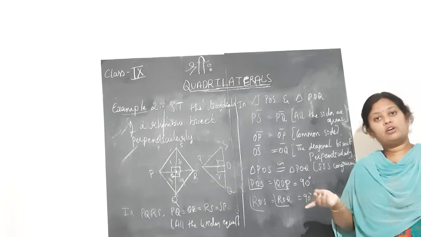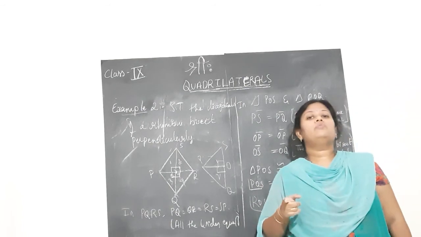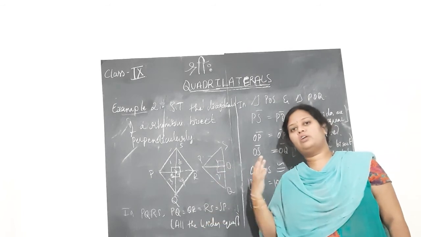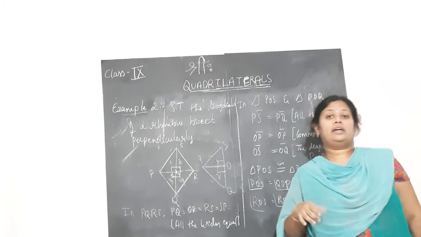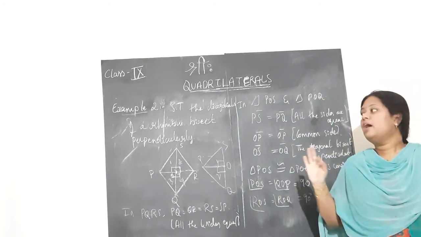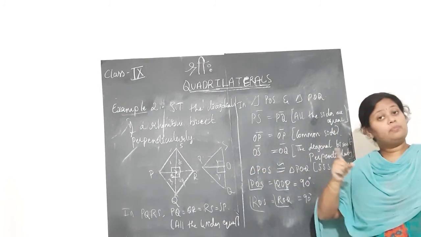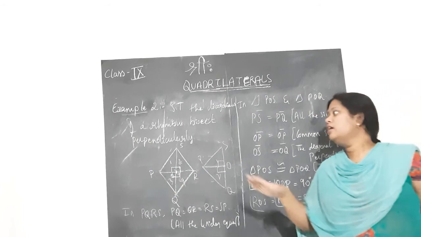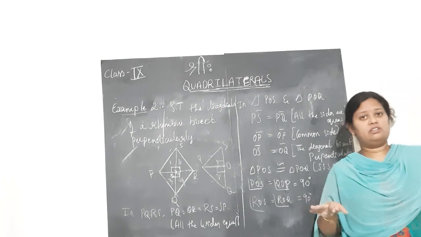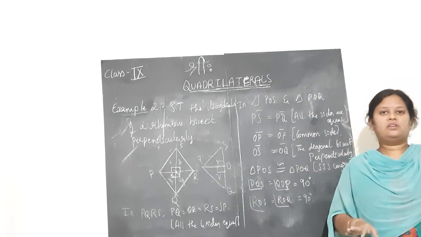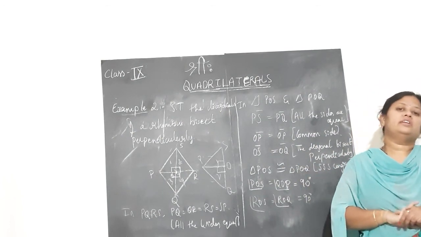After that, under the heading types of quadrilaterals, explain the types which I wrote: rhombus, kite, parallelogram, trapezium, square, rectangle. Everything you will write. And next you will solve the angle sum property proof, important. Just go through these two example problems, it's enough, and start with the exercise which I will be solving in the next session.